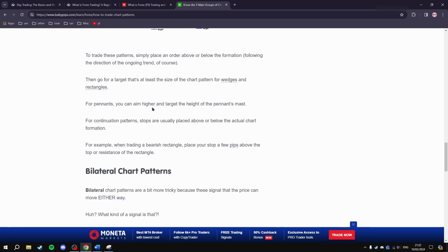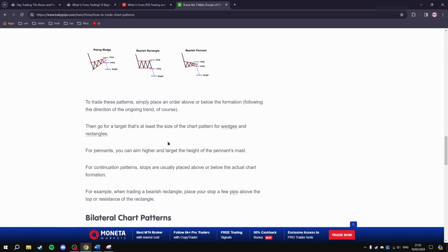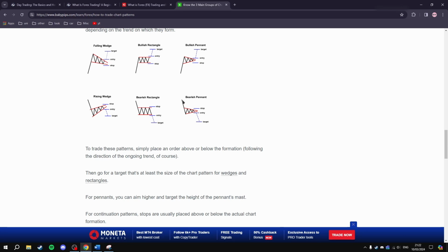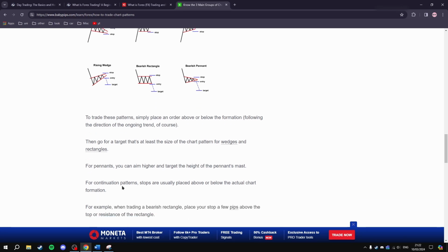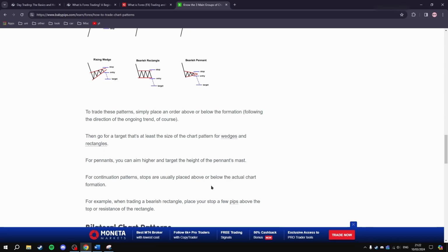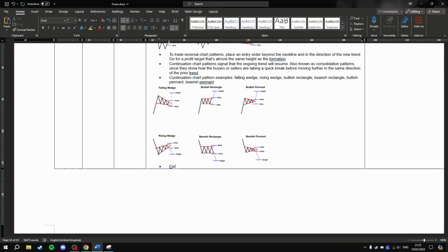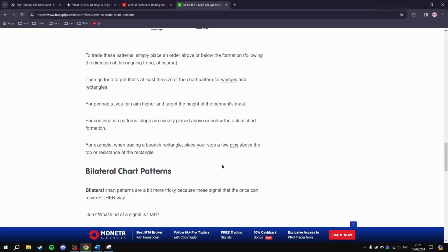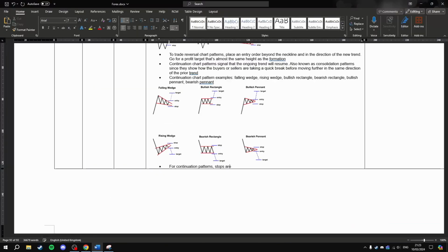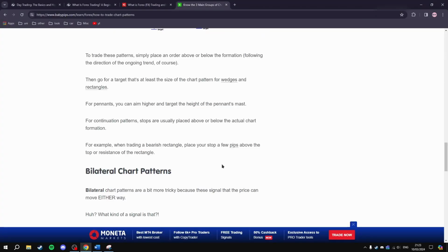For pennants, you can aim higher and target the height of the pennant's mast. For continuation patterns, stops are usually placed above or below the actual chart formation.